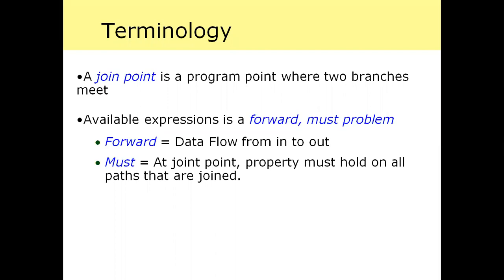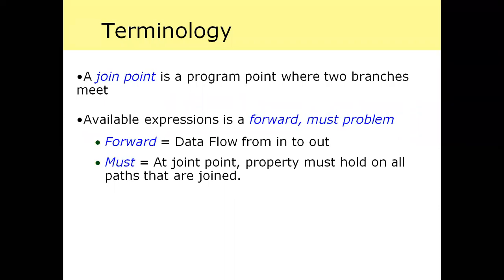Forward means the data flows from in to out, so it is a forward problem. A must problem means the property must hold. It is the available expression property: at a join point, the property must hold on all the paths that are joined. Then only we can say that it is a must problem.